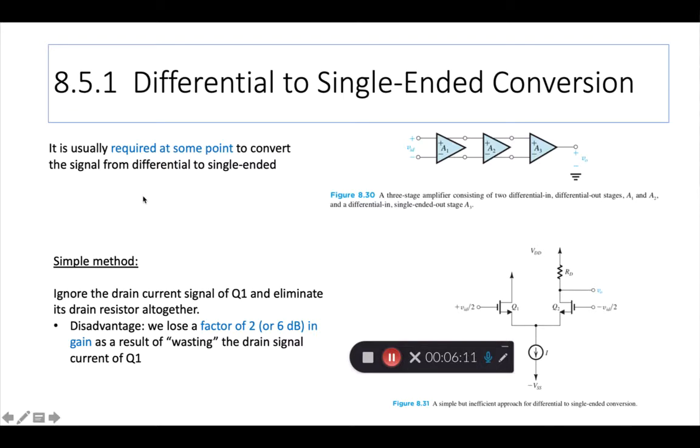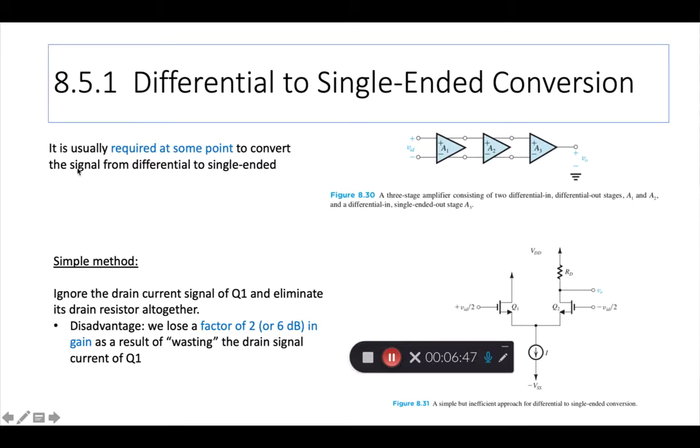And the reason is, as shown here, you have a 3-stage amplifier, stage 1, A1, A2, A3. A1 and A2 are differential in, differential out, and they have gains of A1 and A2. But the last stage, A3, is differential in and single-ended out, right? A3 is being taken with reference to ground from one output.